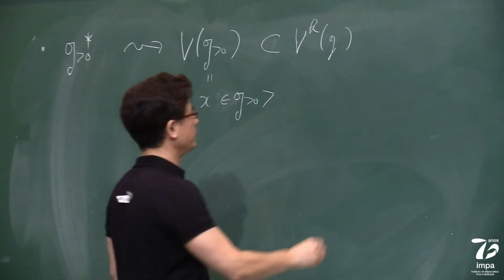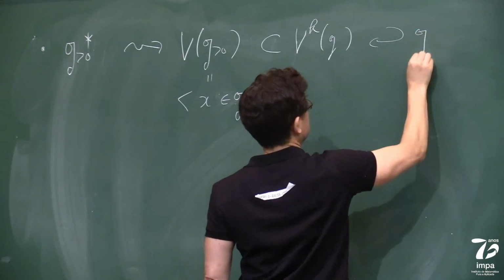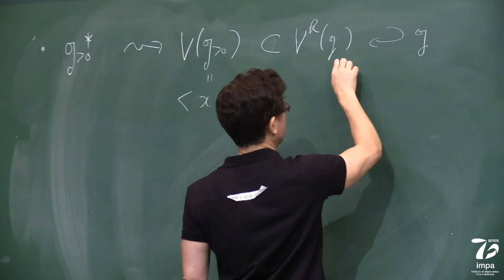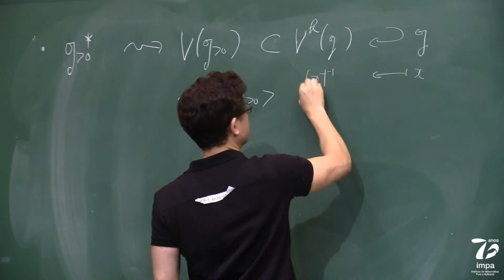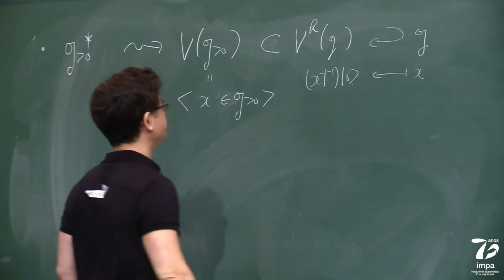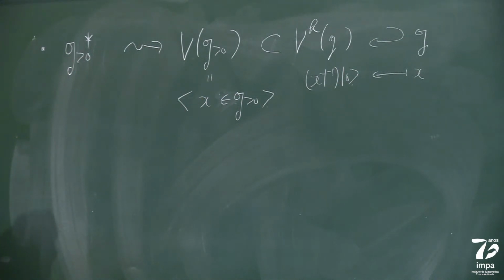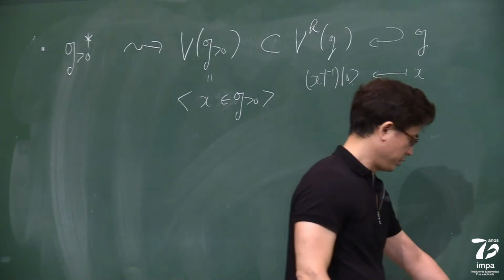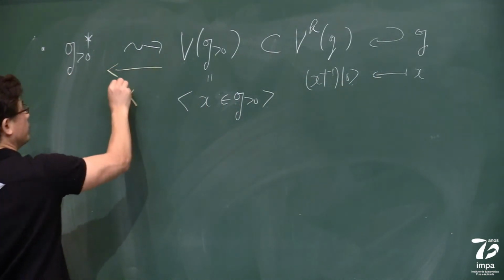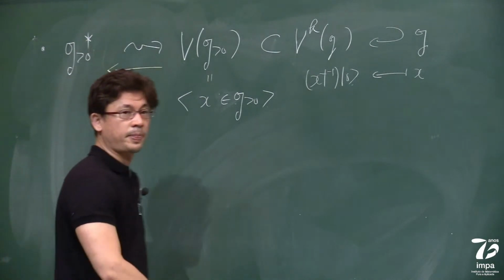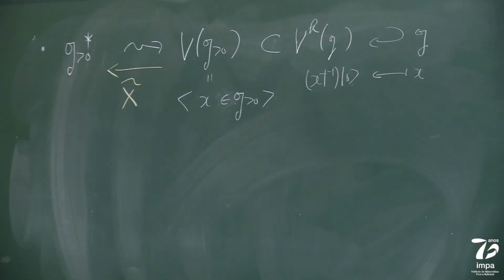Here I'm identifying G as a subspace of VKG by sending X to X, T inverse 0. And so this indeed gives back G positive by taking the associated scheme. I don't put K because this does not have any level dependence.